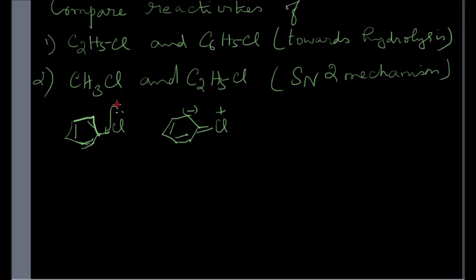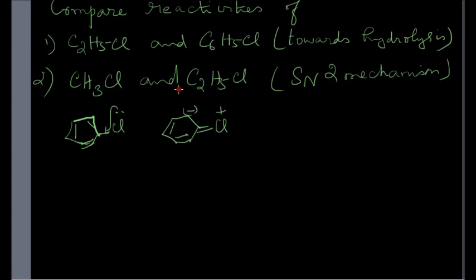Now the second pair of compounds is chloromethane and chloroethane towards SN2 mechanism. SN2 mechanism involves the formation of transition state. That should be the factor for consideration here. In transition state, the central carbon atom is surrounded by too many groups, nearly 5 groups.